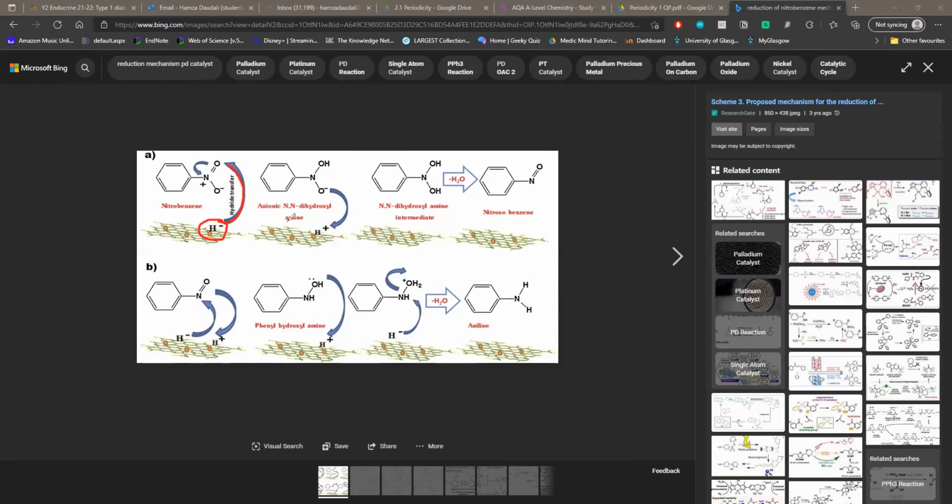There's an O minus left. That creates the diol. The diol then reacts with water to form N double bond O, which then again further reacts. And this is mainly done based on the OH minus providing that hydride ion.